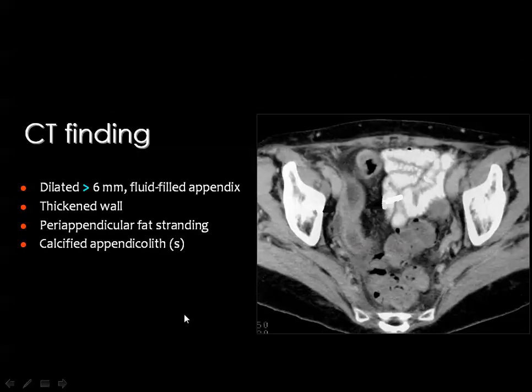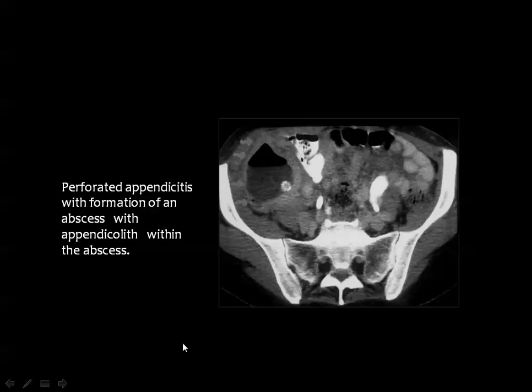And sometimes you cannot see this appendicolith, but you see that the appendix is here, it's dilated, the wall is thickened, and it is filled with fluid with reticulation of the periappendiceal fat. Actually, you need the help of the clinical data in order to suspect that this may represent appendicitis.